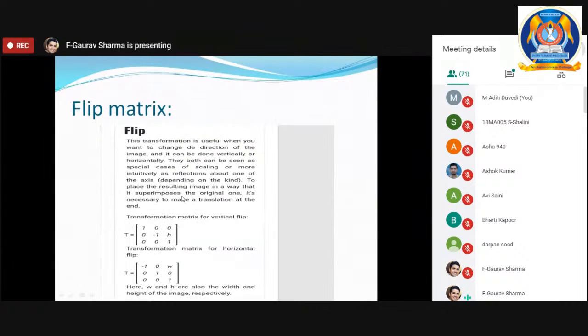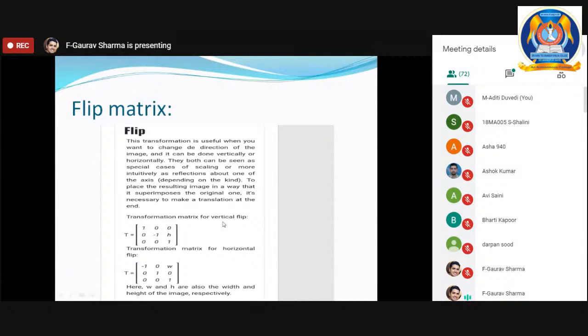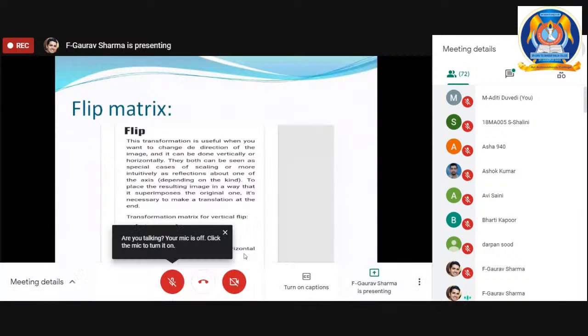So next is flip. If you want to flip a matrix with respect to one line, whether it can be the x-axis or the y-axis. If it is with respect to the y-axis, then it is a vertical flip, and if the flip is with respect to the horizontal axis, then it will be a flip about the x-axis.